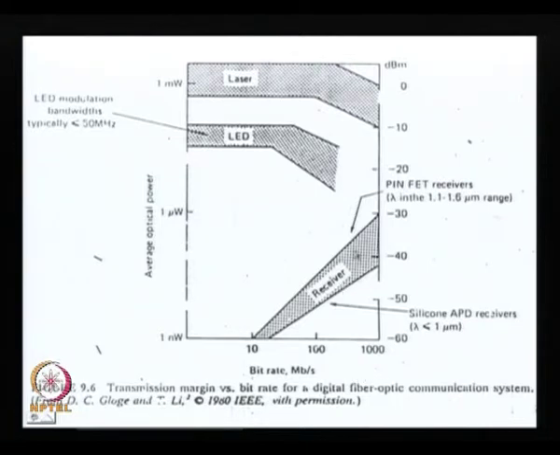So, the typical power level which the receiver must get to get a BER of typically 10 to the power minus 9, the received power must lie in the range of minus 30 to minus 40 dBm.